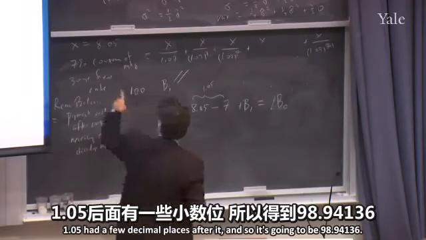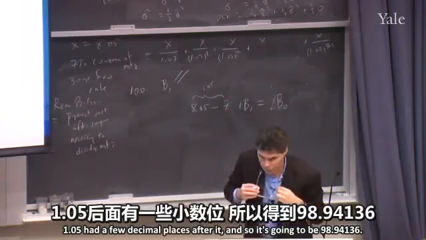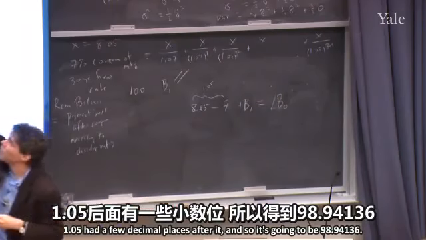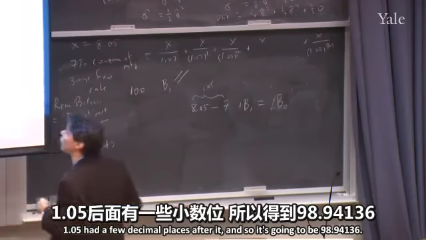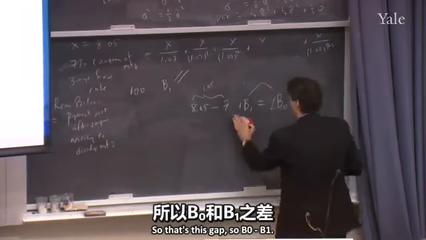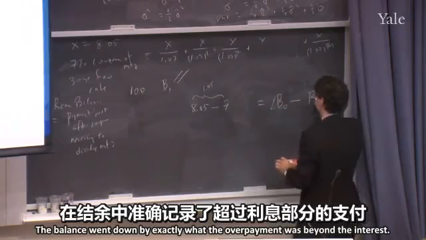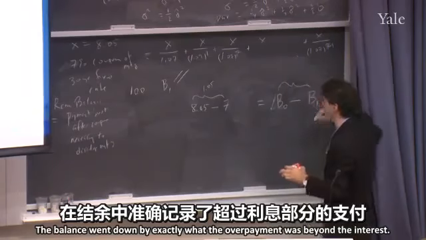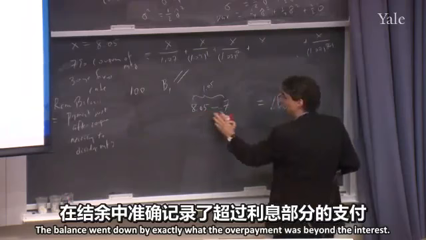X is 8.05 with a few decimal places after it, so the balance is going to be 98.94136. So that's this gap: B0 minus B1, the balance went down by exactly what the overpayment was beyond the interest.